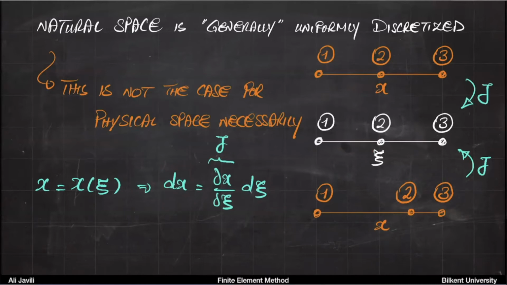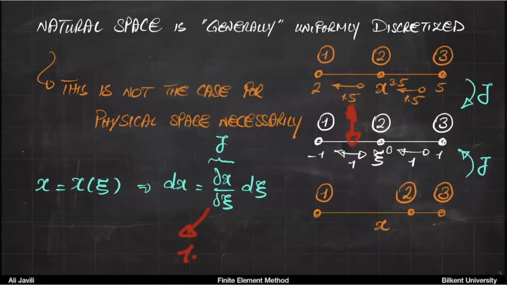In the natural space, you remember it starts from -1 to 1. So if this domain is 1 here, and in our previous example this was 2, this was 5, and this was 3.5, right? So now this would be 1.5, and this would be 1.5. So you can see that here the mapping would be 1.5, but also here the mapping would be 1.5. So that scaling, that Jacobian, is 1.5, it's uniform.